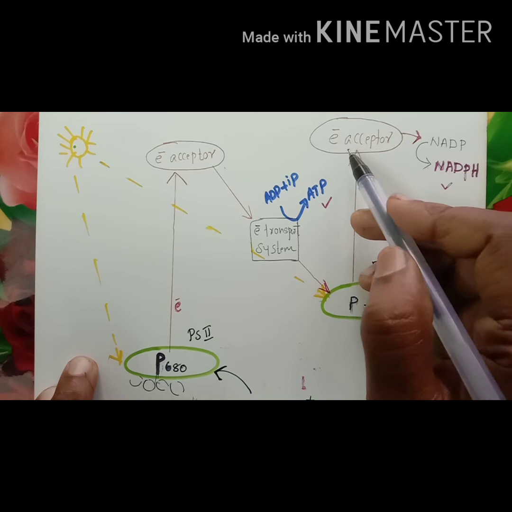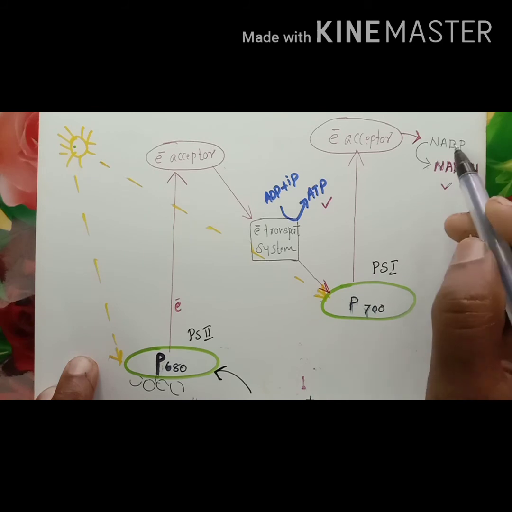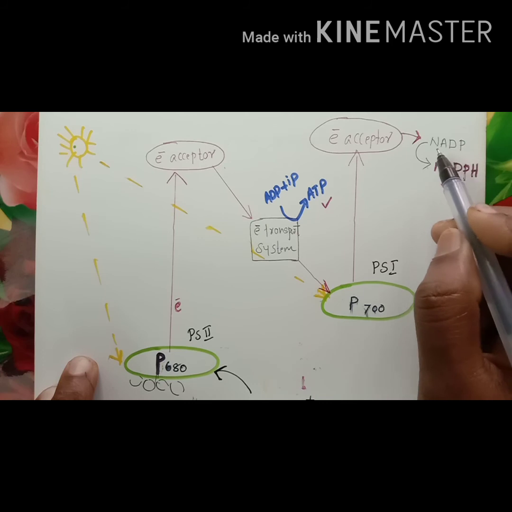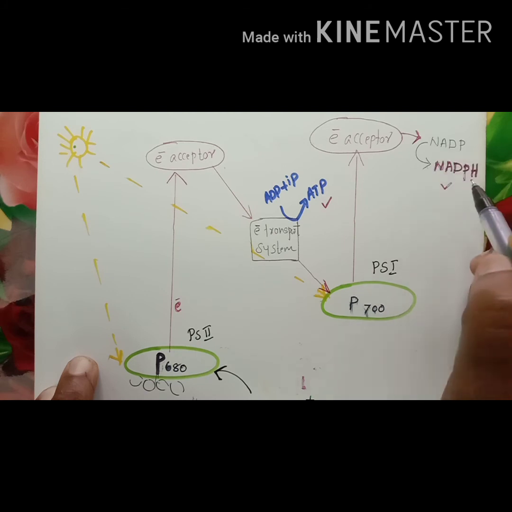From this electron acceptor, the electron moves on to the formation of NADPH. NADP is reduced to NADPH. What is the full form of NADP? Nicotinamide adenine dinucleotide phosphate. When it gets reduced, it becomes NADPH.